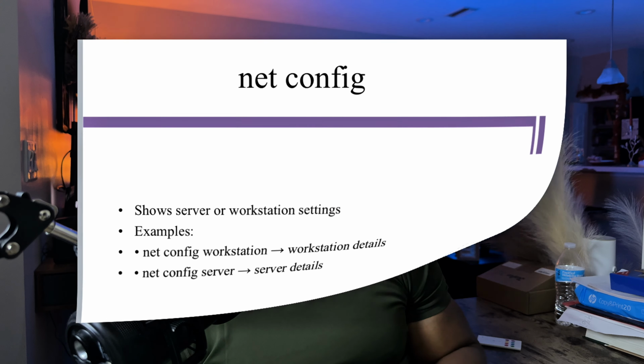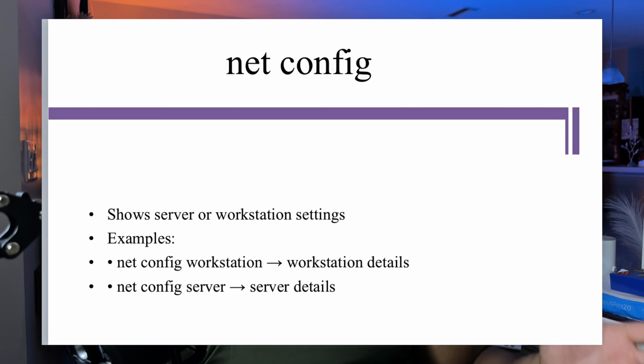Another command, I don't really use it that much, but the other ones are like the main common ones, but I'm adding these in here so you can know. So the next command is net config, and the purpose is to show server and workstation settings. This next command is going to be good if you want to know what the uptime and stuff of a device is, especially when it comes to these users.